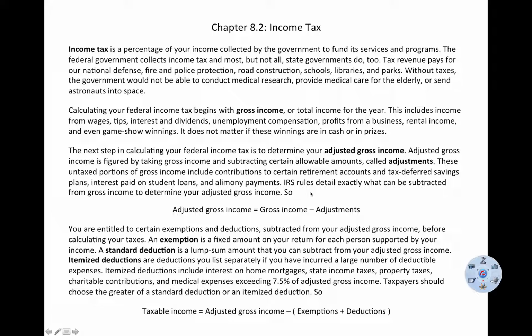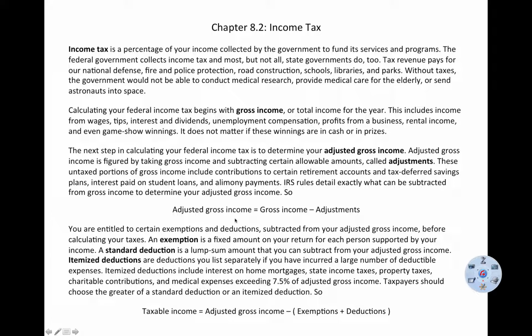IRS rules detail exactly what can be subtracted from gross income to determine your adjusted gross income, and you'll be told in the problems in this section if you have an adjustment or not. So, adjusted gross income is your gross income minus your adjustments.